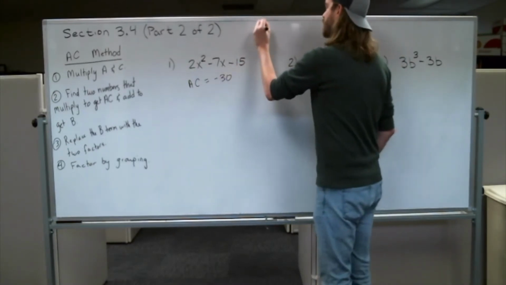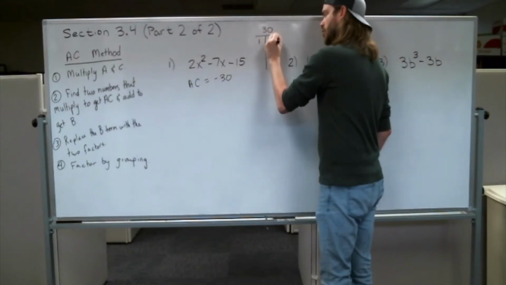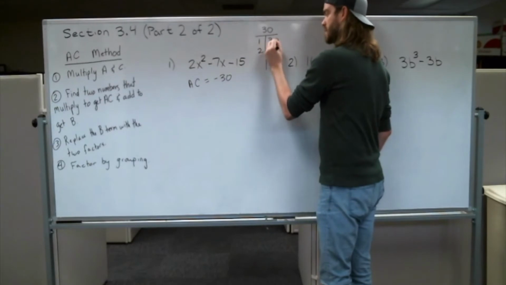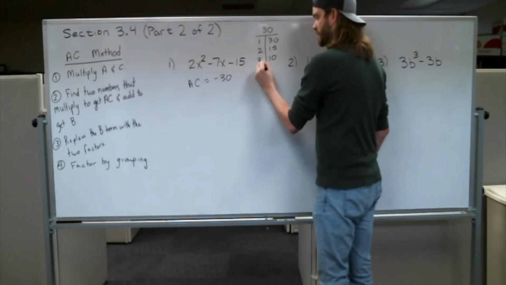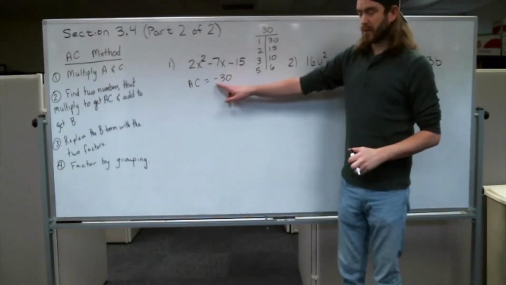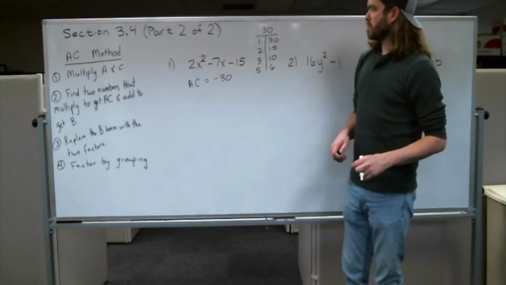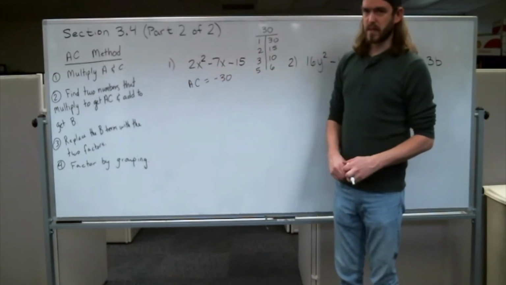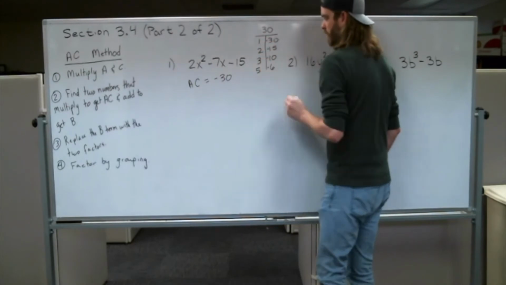So let's list our factors of 30. We have 1 and 30, 2 and 15, 3 and 10, and 5 and 6. Now remember though, this is negative, so we have to have a positive times a negative. Because of that, and because our middle term is negative, it's going to make that bigger number our negatives.